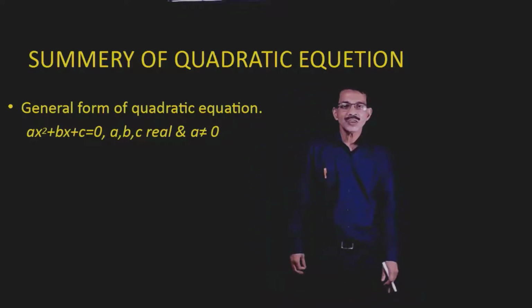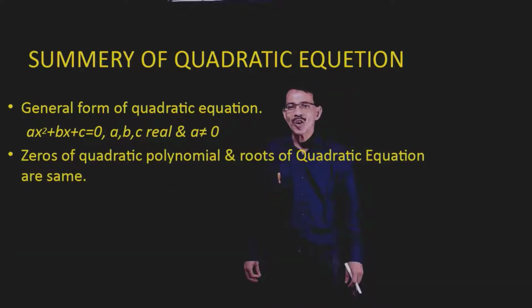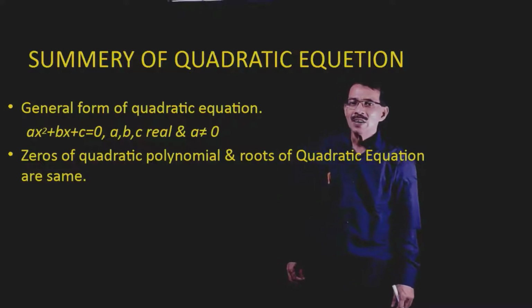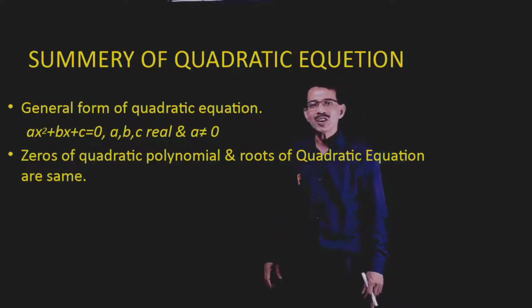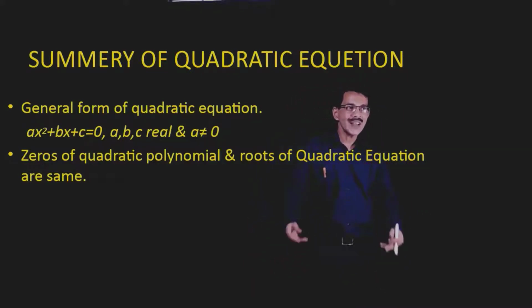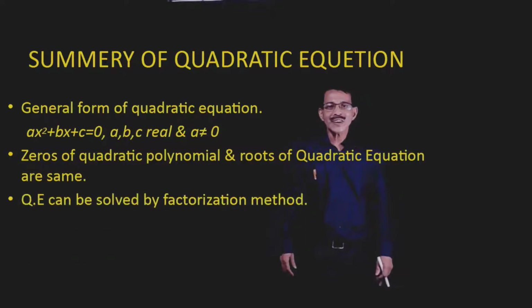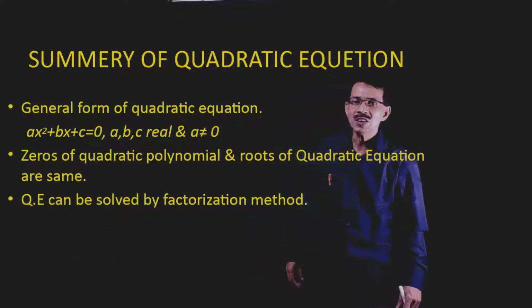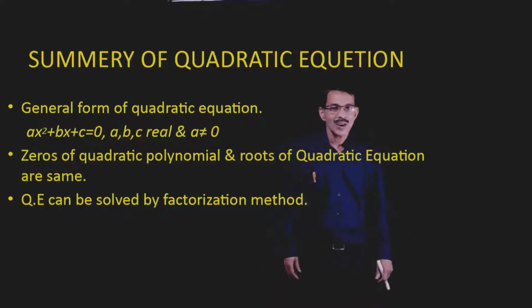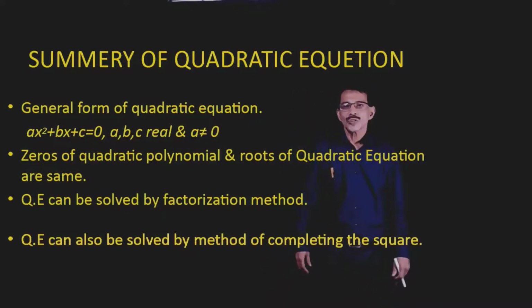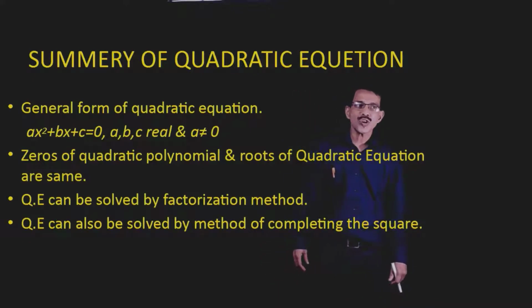Next point is zeros of the quadratic polynomial and the roots of quadratic equations are the same. And the next point is quadratic equations can be solved by using the method of factorization. Next is quadratic equations can also be solved by using the method of completing the square.